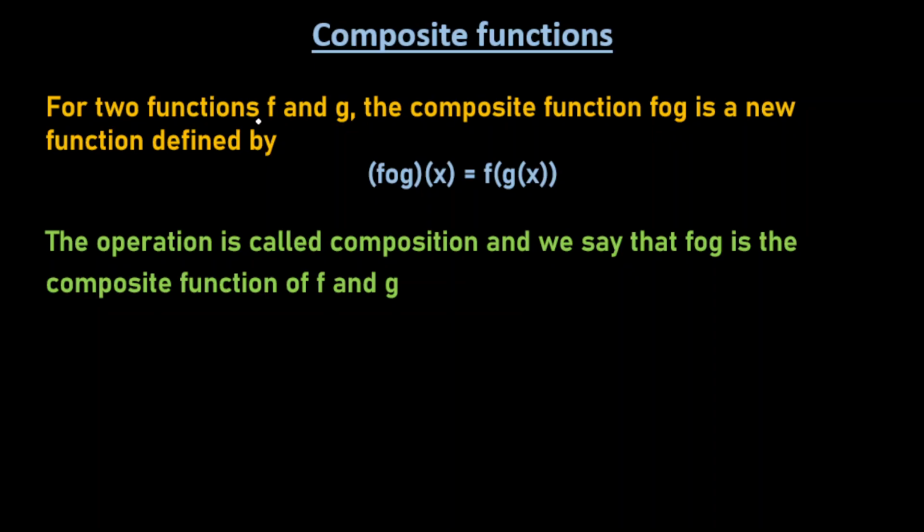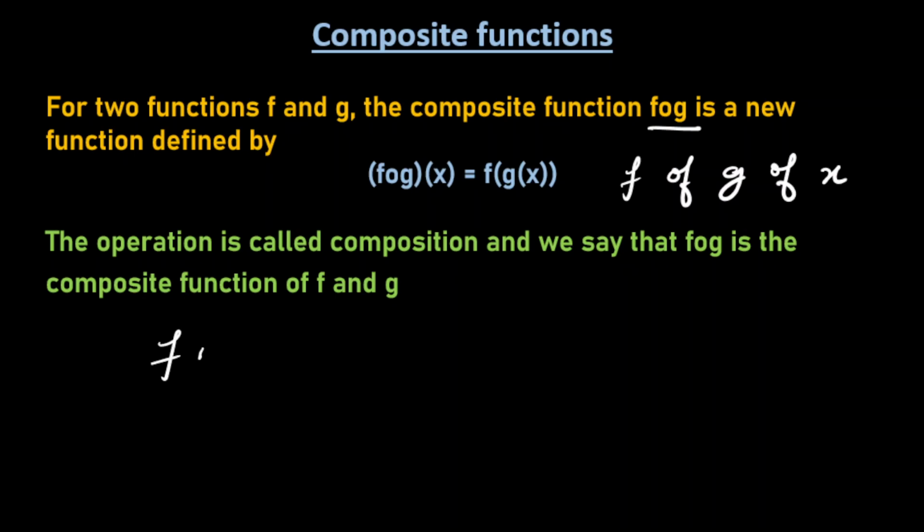For two functions f and g, the composite function f of g is a new function defined by (f o g)(x) = f(g(x)). Now this f o g is read as f of g of x. This is a composite function.